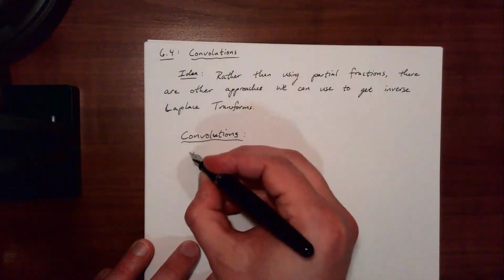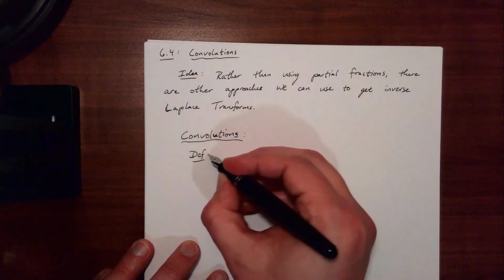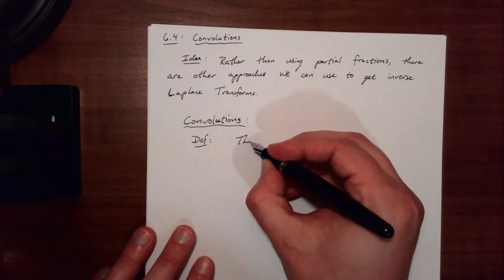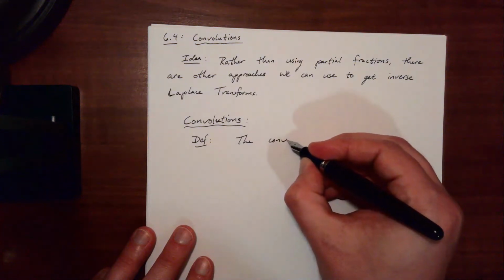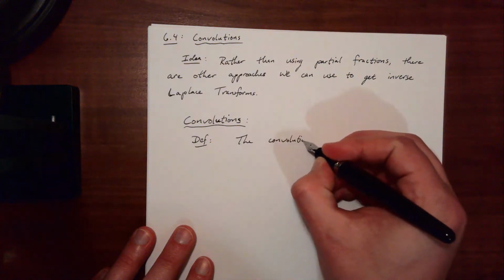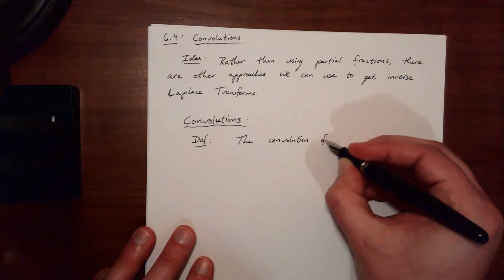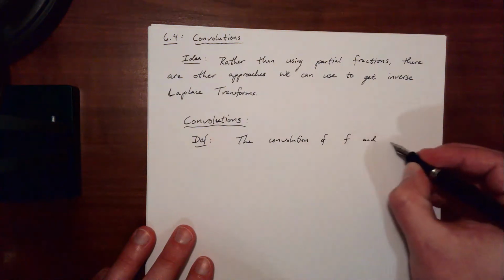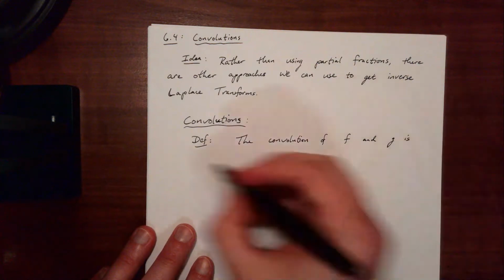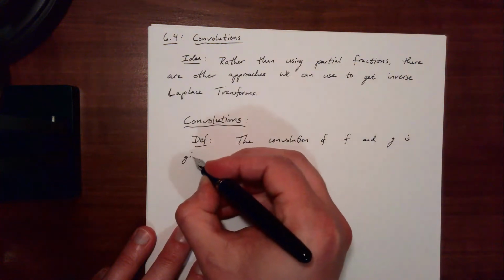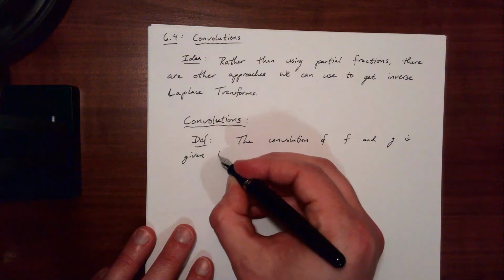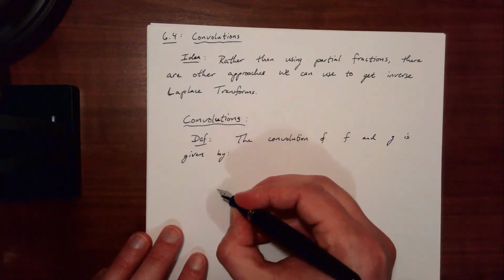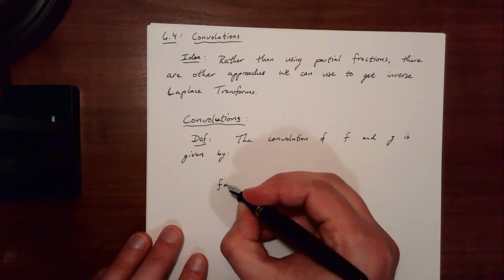So first off, the definition. The convolution of f and g is given by, so the notation is f, then an asterisk, g.